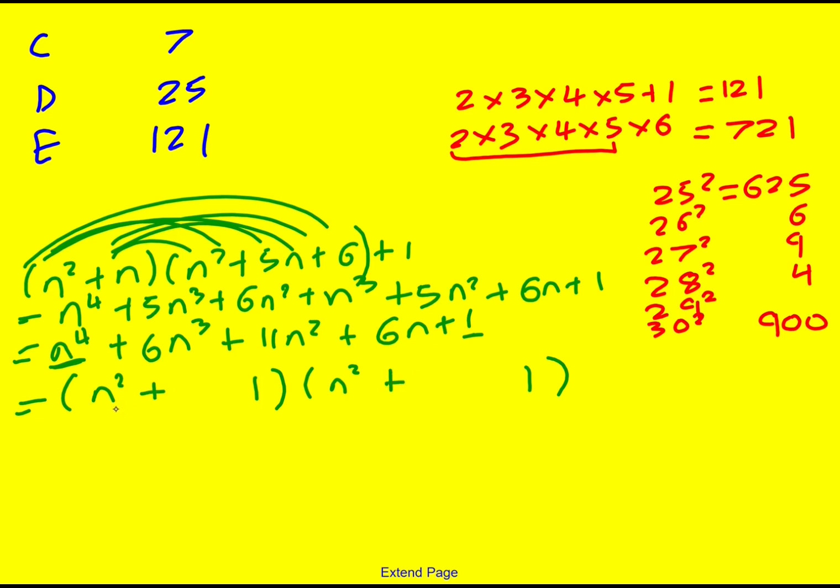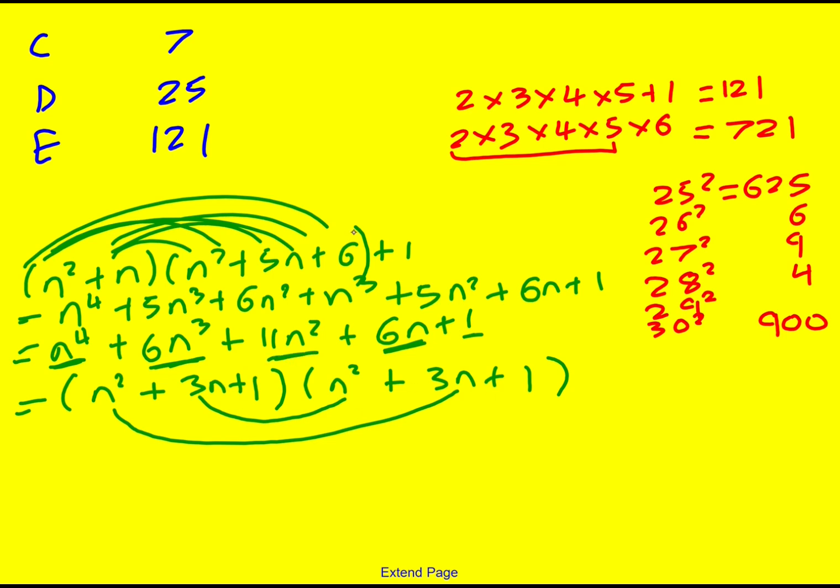Well, we're going to get the n cubed term by doing that one times that and that one times that, and that gives us 6n cubed. So this must be 3n, and this one must be 3n, then I'll get my 6n squared. And the same applies for getting 6n. We're going to do 3n times 1 and 3n times 1.